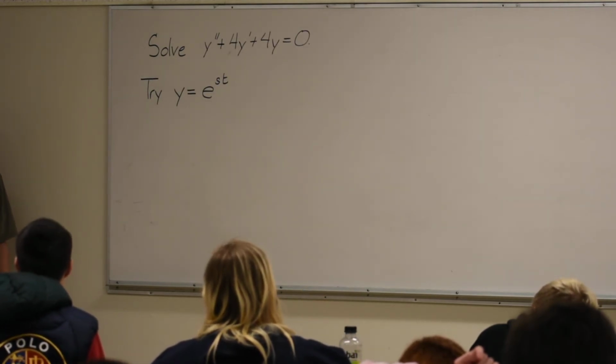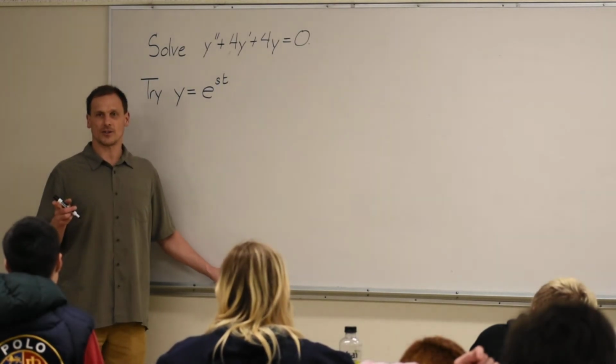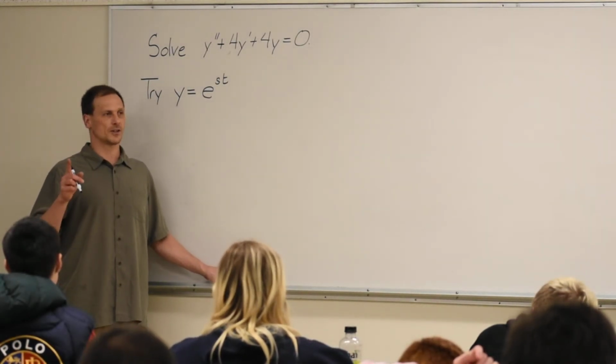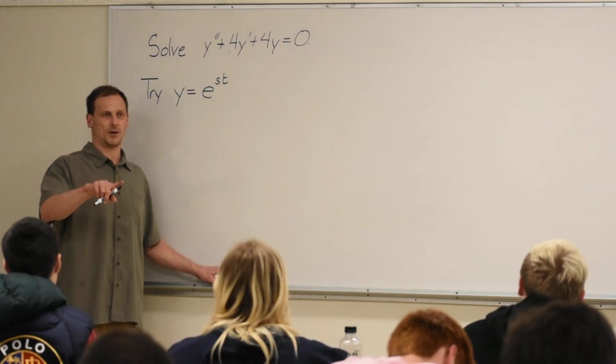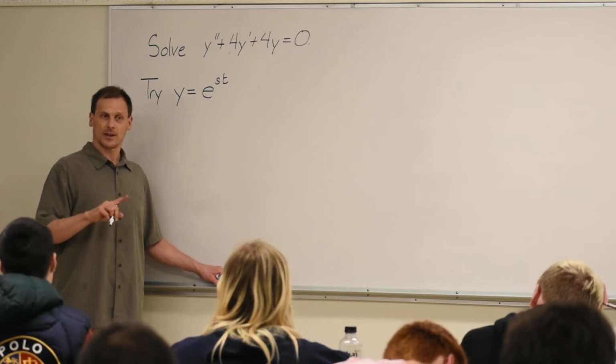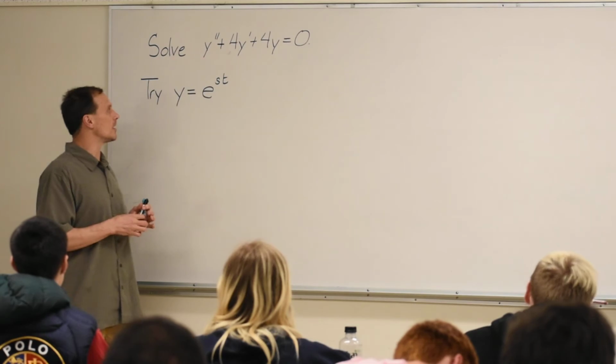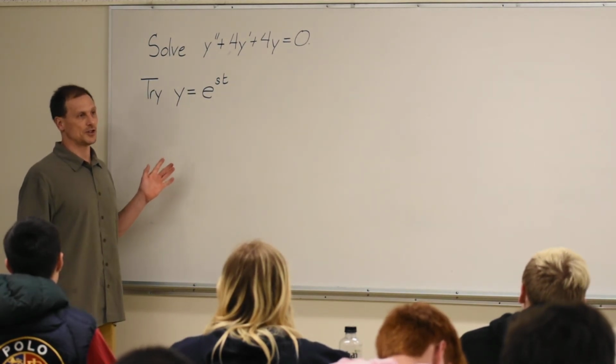Remember, okay, so did everyone hear her question? Her question, if I was getting it right, was, why are we always trying e to the st? Why aren't we trying something else? That's actually a great question. And let's take a look at the intuition there.